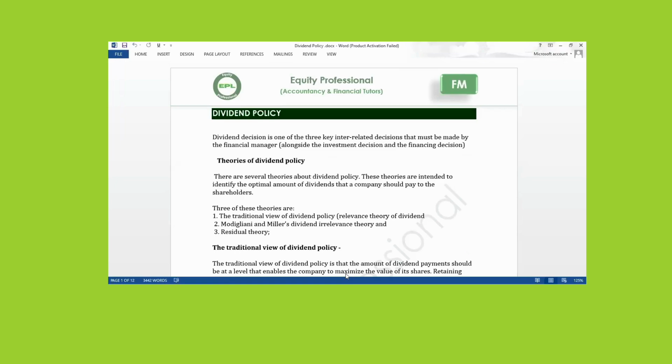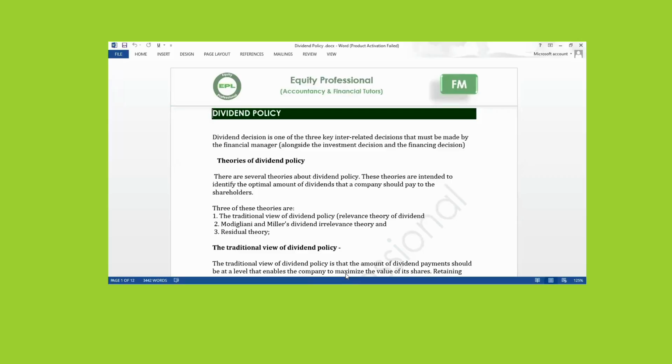If you do a recap or a stock take, we started the class with capital structure, theory of gearing.